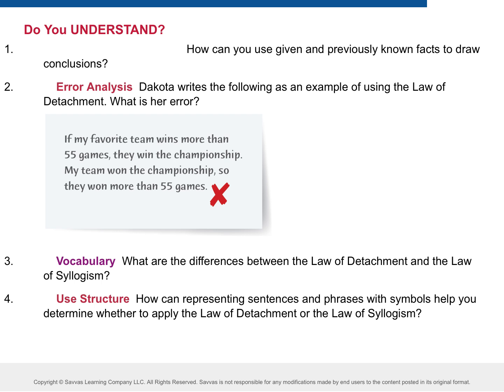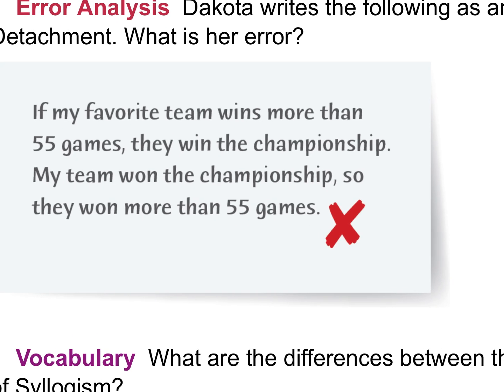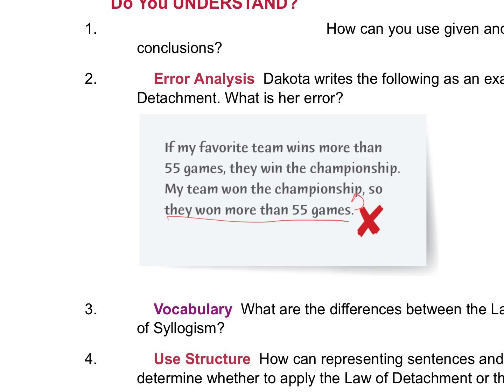What's wrong with that? What's the hypothesis? Right, they have to win the games first, so she wrote it backwards. Does that make sense? The 55 games has to come before they win the championship. Okay, so that was what she did wrong using the law of detachment.